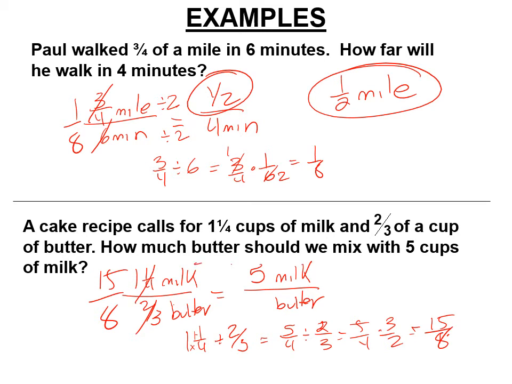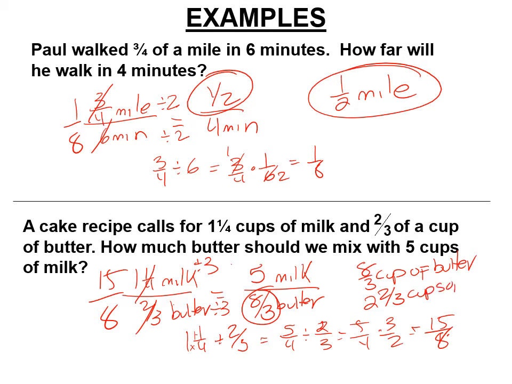But 15 divided by 3 makes 5, so 8 divided by 3 is 8/3, so you could write 8/3 of a cup of butter, or usually we don't say it that way in the kitchen. 6/3 is 2, so this is 2 2/3 cups of butter. Either way is acceptable.